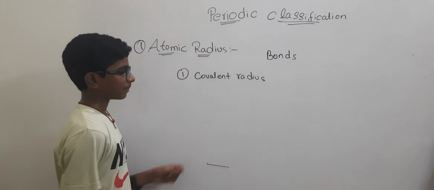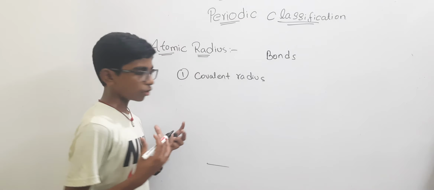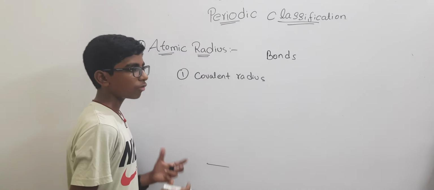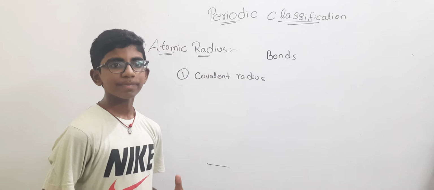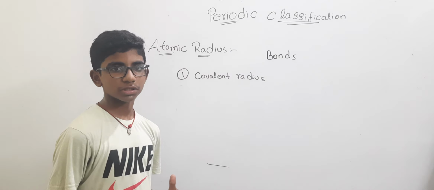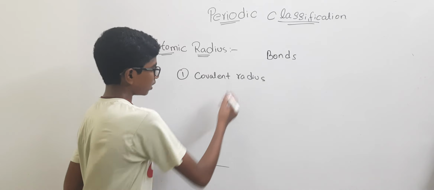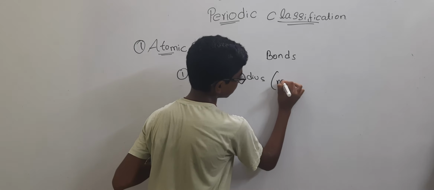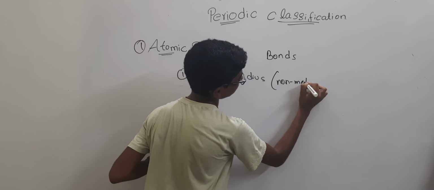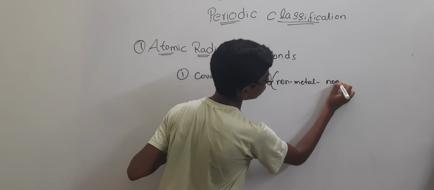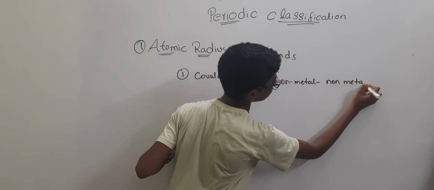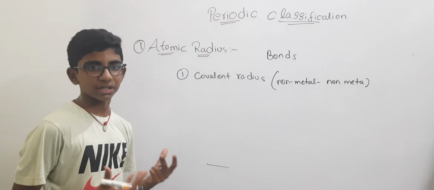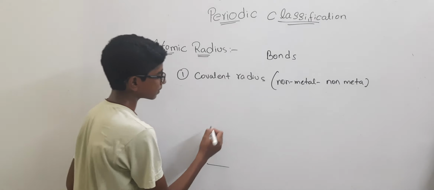What is covalent radius? First you have to know about the covalent bond. A covalent bond is formed by mutual sharing of electrons between a non-metal and a non-metal. First, covalent radius.